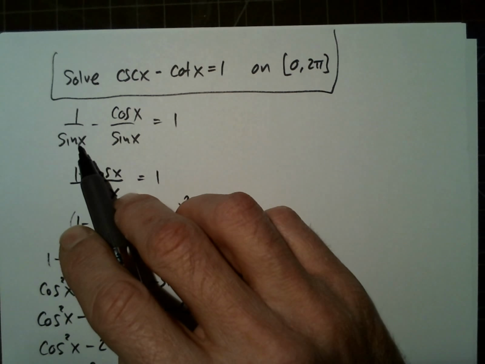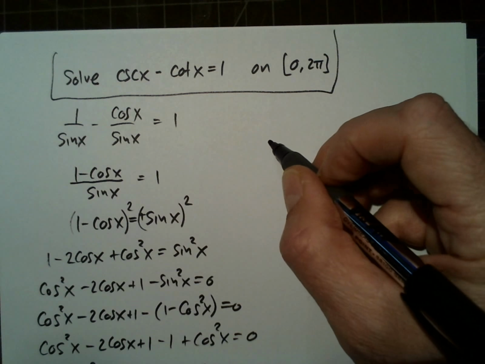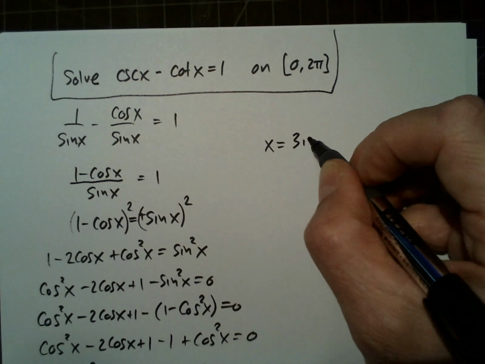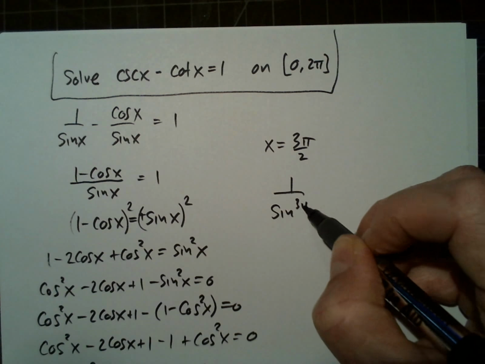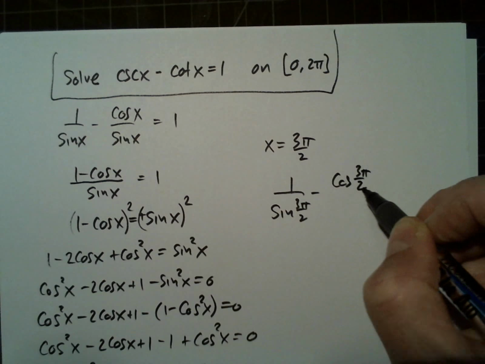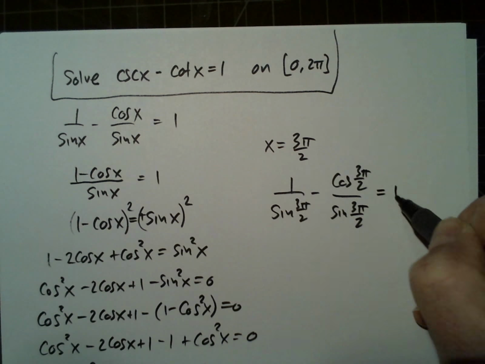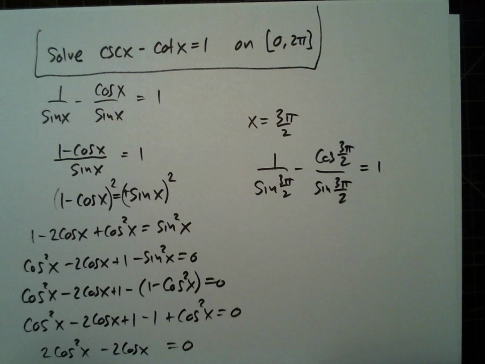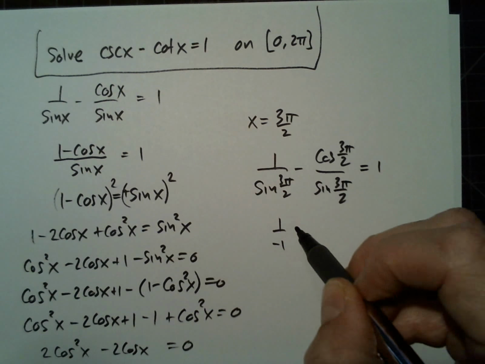Now let's check the 3 pi over 2 again. When x equals 3 pi over 2, you have 1 over sine 3 pi over 2. And this is going to be extraneous also because sine of 3 pi over 2 is negative 1.